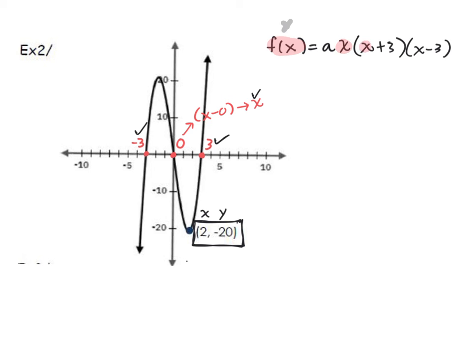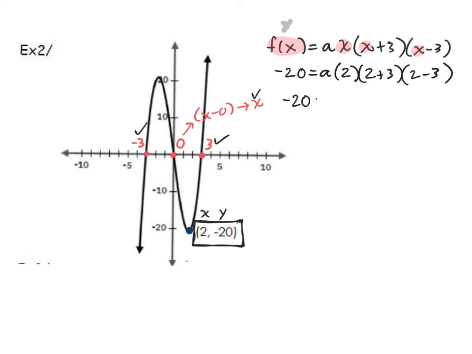I have 3 places to plug in x. All right, so I'm going to plug in negative 20 equals a. I'm going to put parentheses around this x, so x is 2, and then 2 plus 3, and then 2 minus 3.